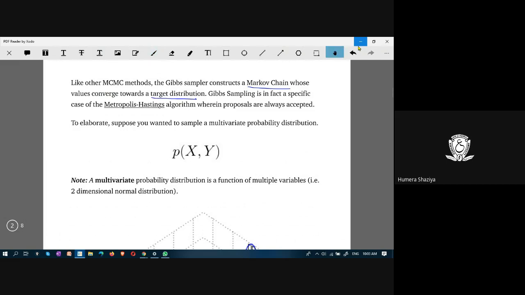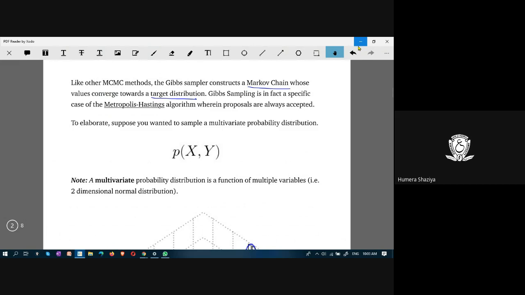We saw how, through random points, MCMC approximates the values. Likewise, here Gibbs sampling also generates distributions.